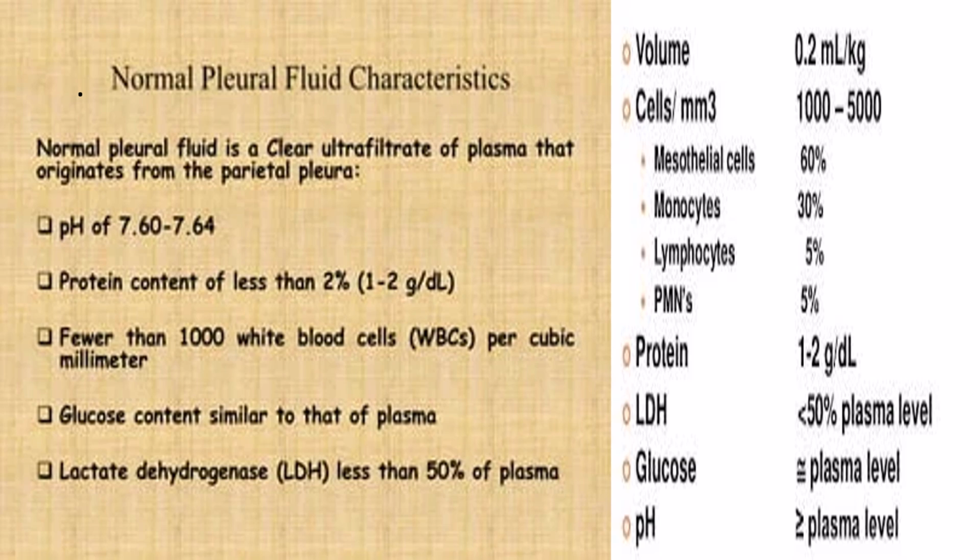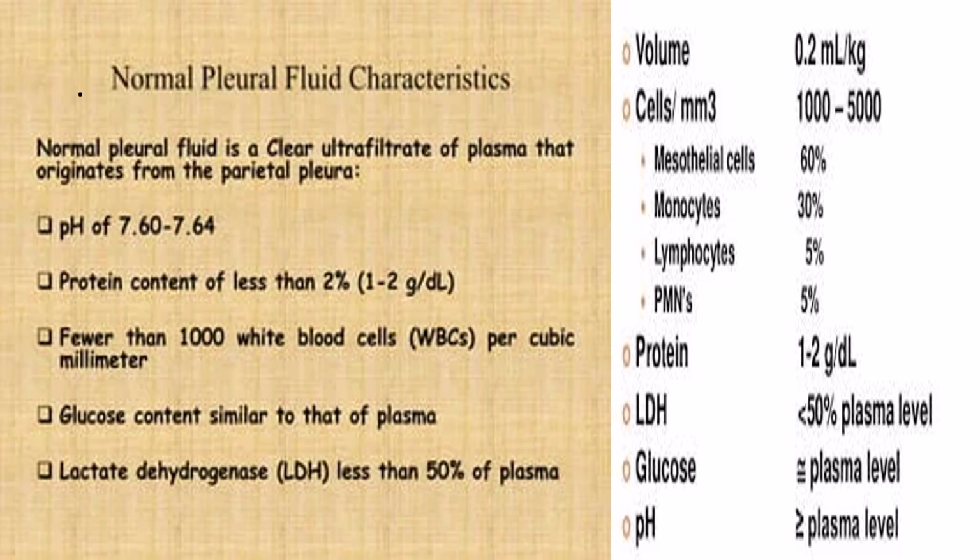Normal pleural fluid characteristics include color: it is clear. Normal pleural fluid is a clear ultrafiltrate of plasma that originates from the parietal pleura, so it's clear. pH is between 7.6 and 7.64. Protein content is between 1 and 2 grams per dl.